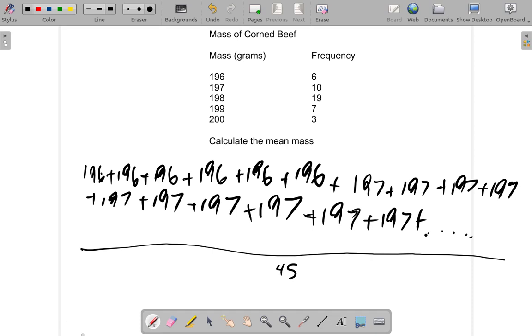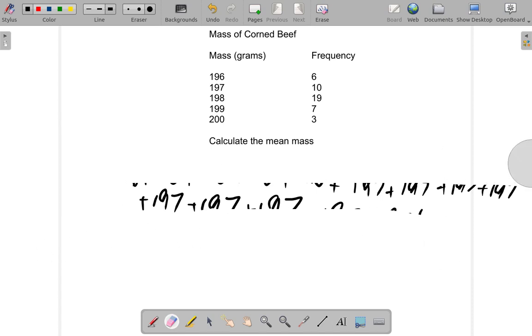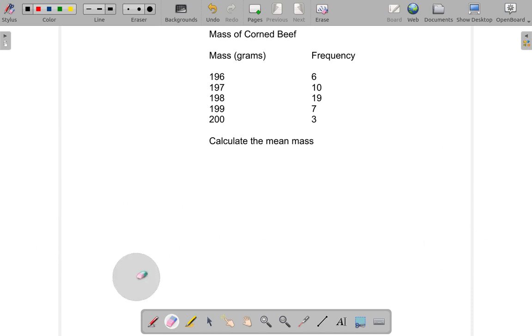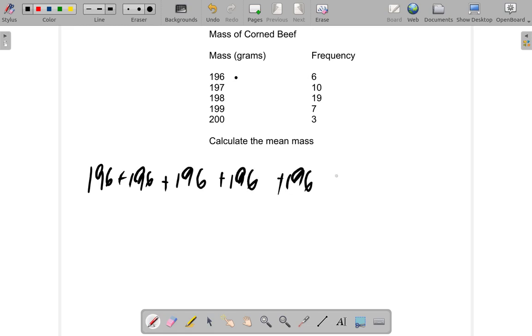So, therefore, a shorter, quicker way of doing this is to say you have 196 six times. There are 6 of them. So instead of saying 196 plus 196 plus 196 plus 196 plus 196 plus 196, you just say 196 multiplied by 6 and you get the same thing.